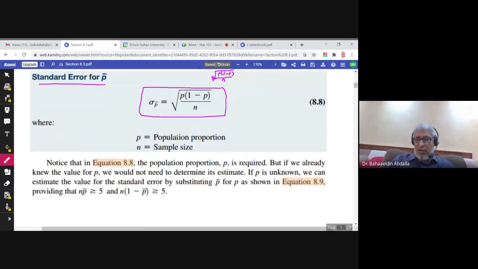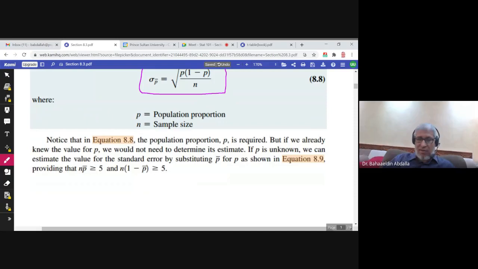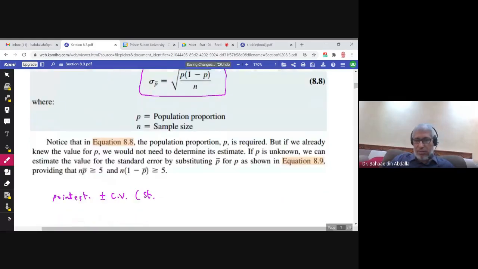Now, if you remember in 8.1, we used how to find the confidence interval. For P, the population proportion, we need the point estimate plus or minus the critical value times the standard error.